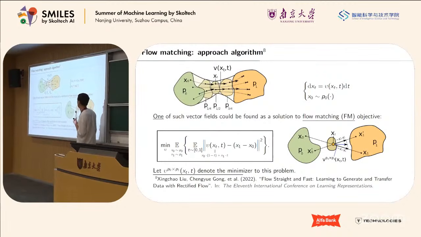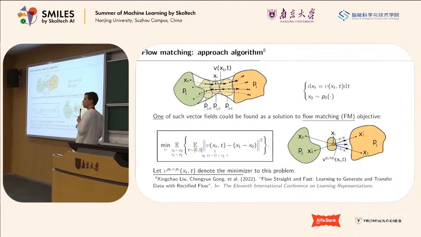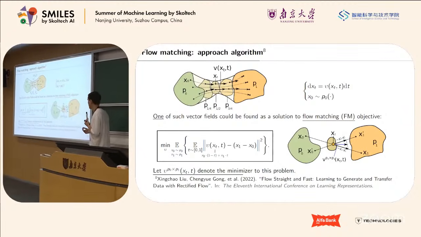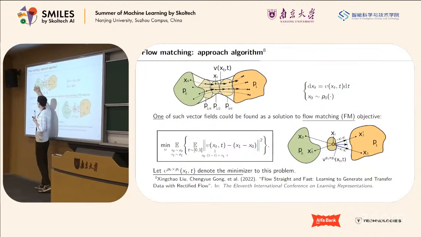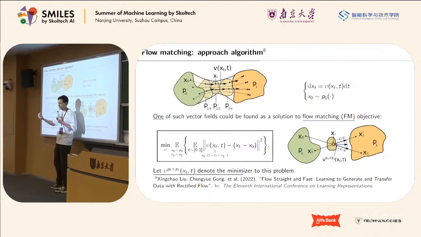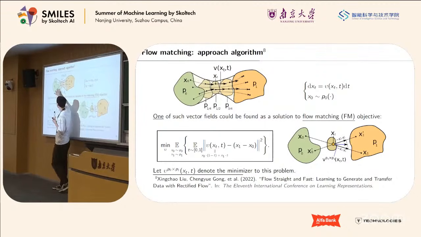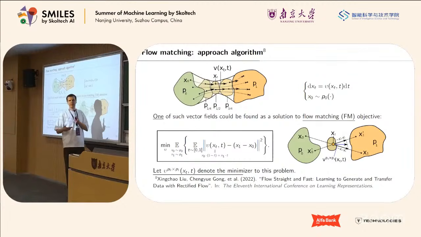And furthermore, this sequence will be meaningful from the practical sense, because now you will be able to do generation of new data, yeah? Because you will be able to take some point x0 from input distribution p0 and just integrate it, and you will obtain some point at the support of your target distribution.